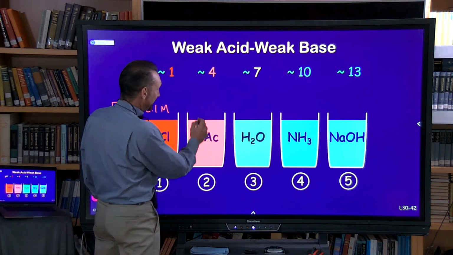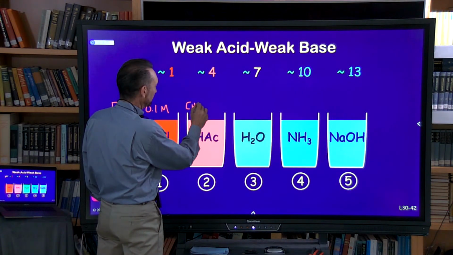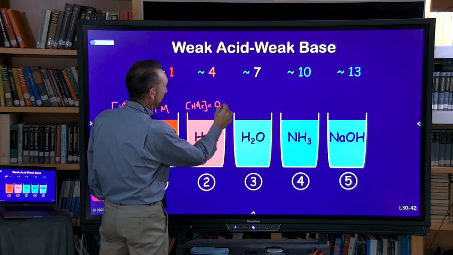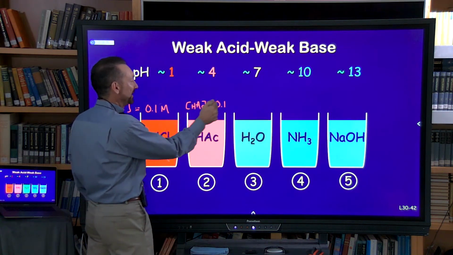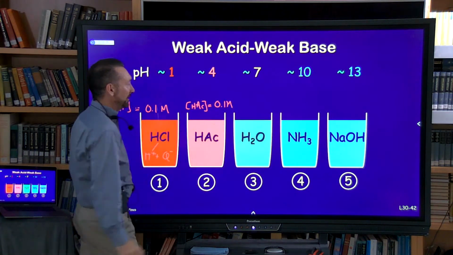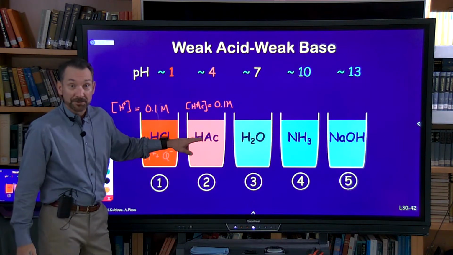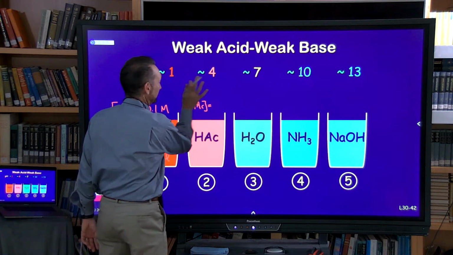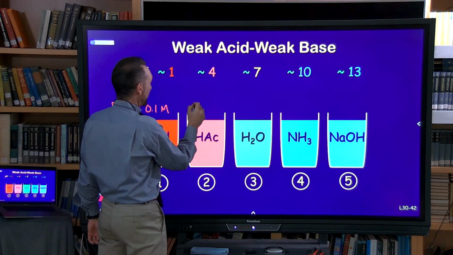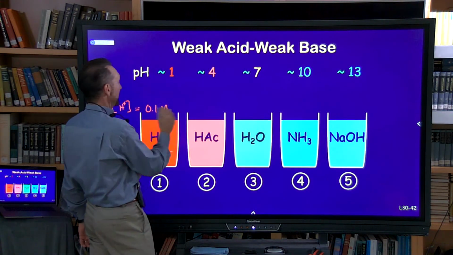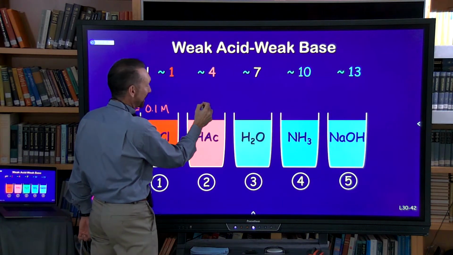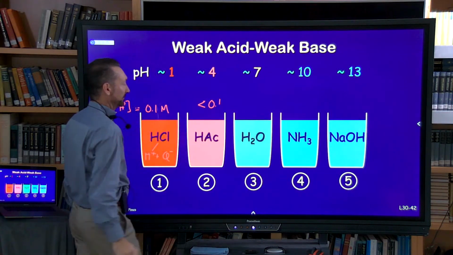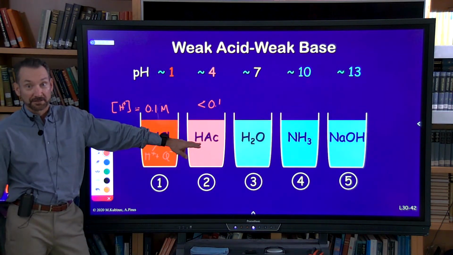If I put in 0.1 moles of HAc in 1 liter, it doesn't totally dissociate. So the H plus concentration here is going to be less than 0.1 because this doesn't totally dissociate.